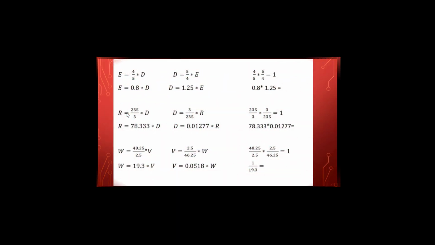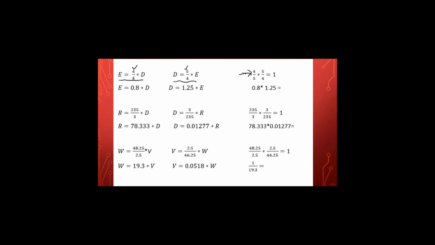Here are the equations that we've been working with lately. For instance, this one: euros equals 4/5 times dollars, and dollars equals 5/4 times euros. Notice that 4/5 and 5/4 are reciprocals right there.